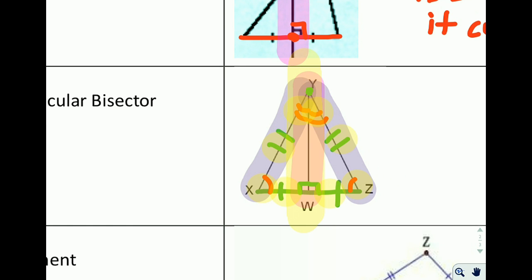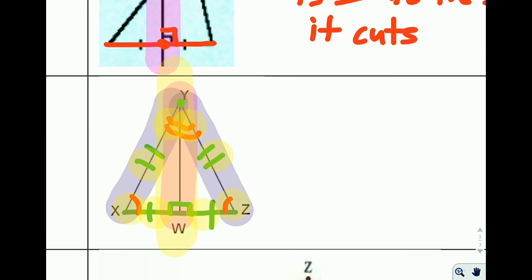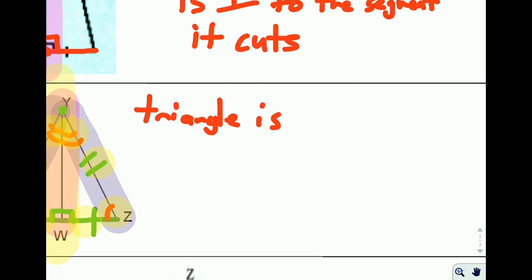So a perpendicular bisector forms a mirror of that triangle. So let's just say as our rule, triangle is mirrored over a perpendicular bisector.